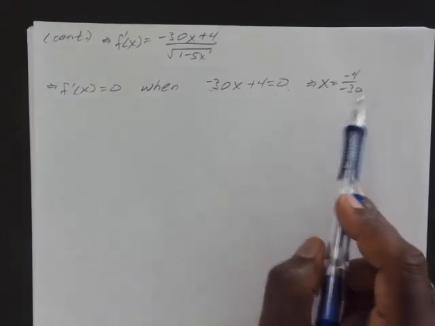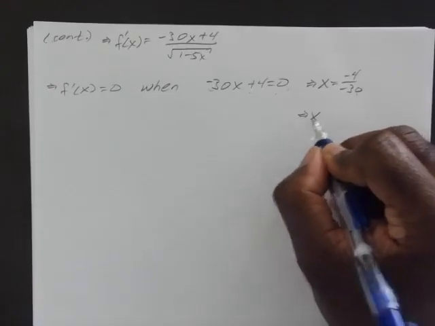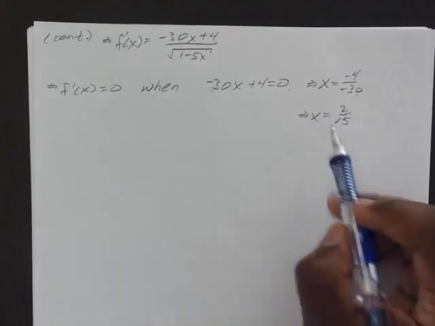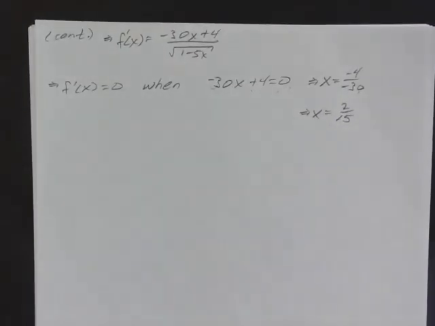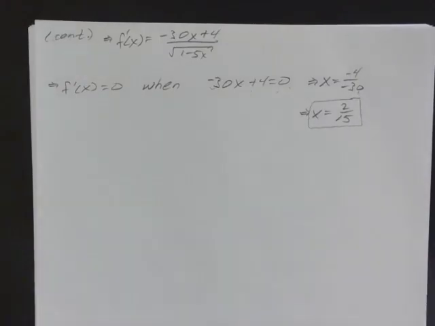So if we divide both of those by 2, we end up with x is equal to 2/15. And we'll draw a little square around that one because we have to come back to it.